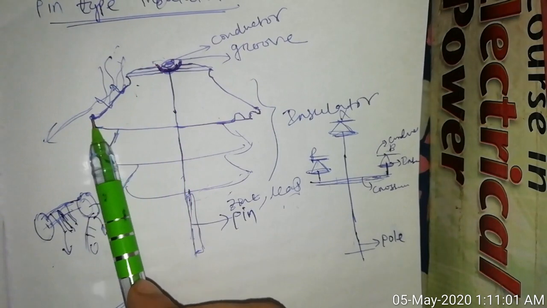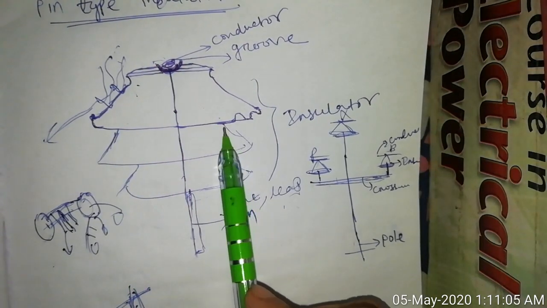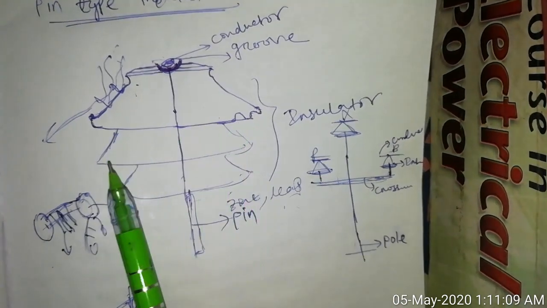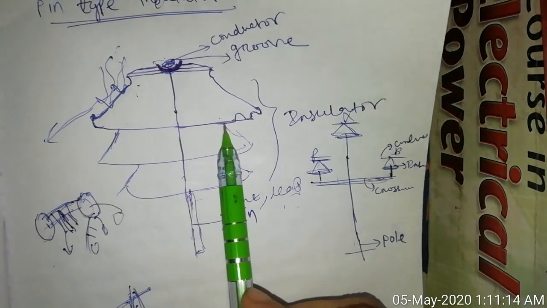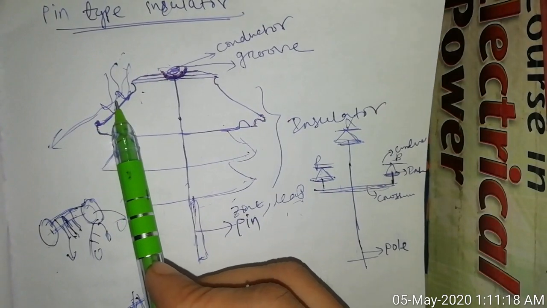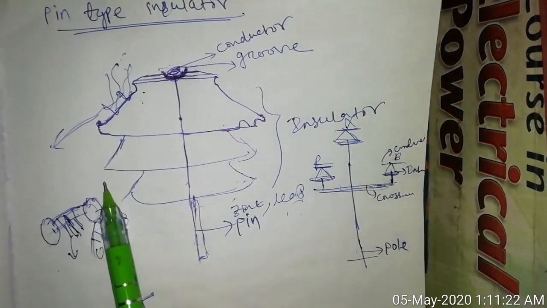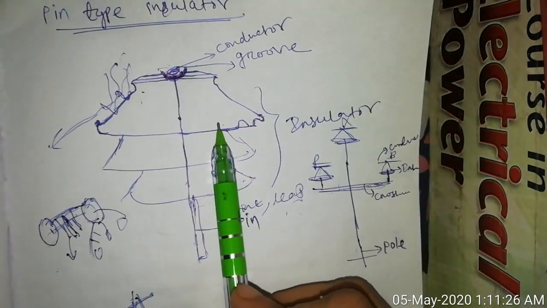The structure of the pin insulator is like an umbrella, like a bigger umbrella below which there are small umbrellas. The bigger umbrella-like structure will prevent the fall of water or ice from wetting the inner sides. The inner sides must always be dry.